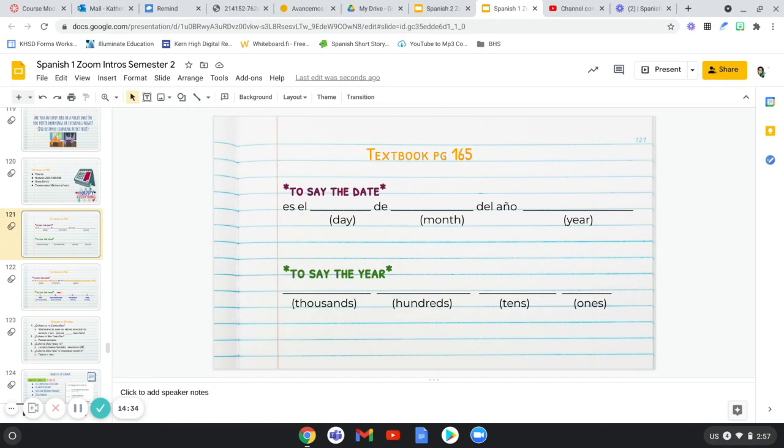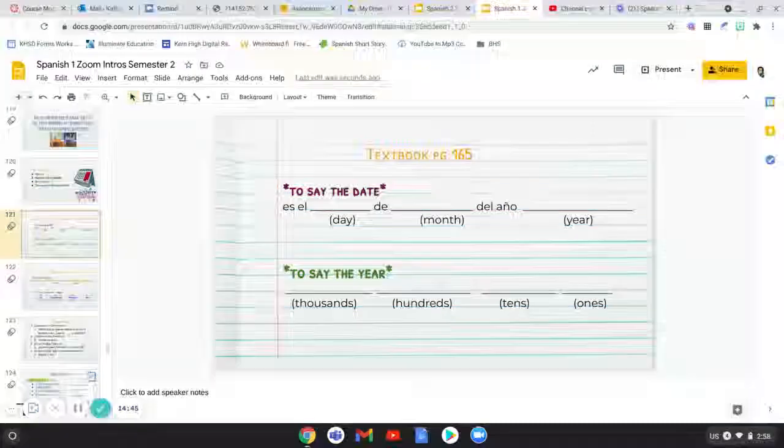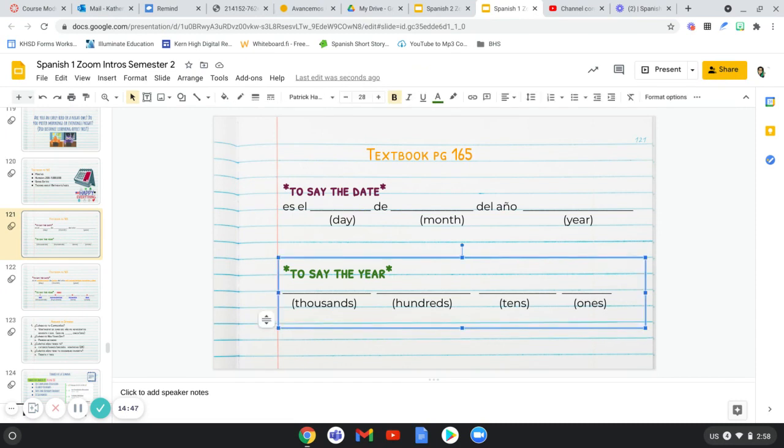So if it was like 42, you would say 40 and 2, like cuarenta y dos. Same thing here, except now instead of just using 2 of them, you have 4. So the way that this works is, we'll start with the year 2021, just because that's an easy one that we are in right now. If you wanted to say 2021, we tend to say sometimes twenty twenty-one, or you might actually say two thousand twenty-one.